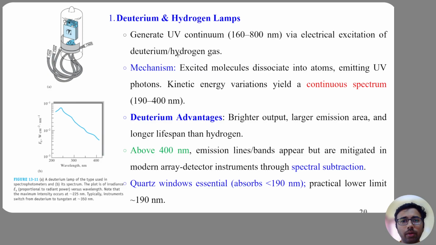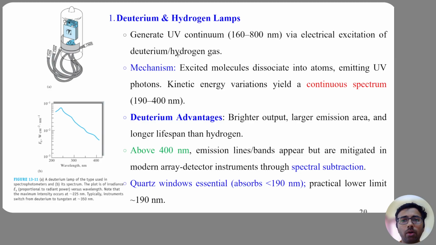During dissociation, energy is released as photons. Because the atoms separate with different kinetic energies, the emitted photons span a continuous energy distribution. This produces a smooth UV continuum, typically strong between 190 and 400 nanometers.